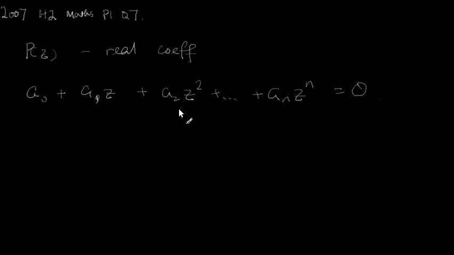Let's say the z here is a root of this equation, and that a0, a1 and so on are all real. So the question is, is z conjugate a root?